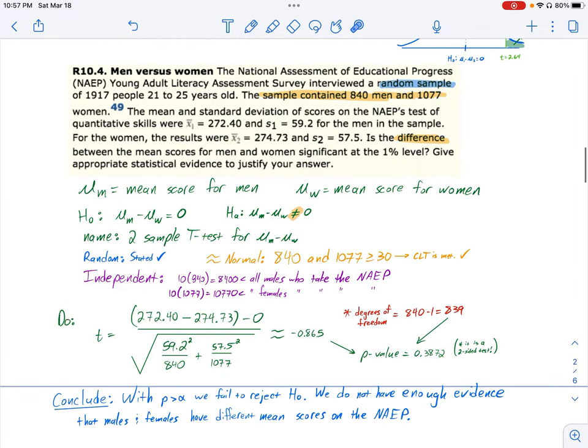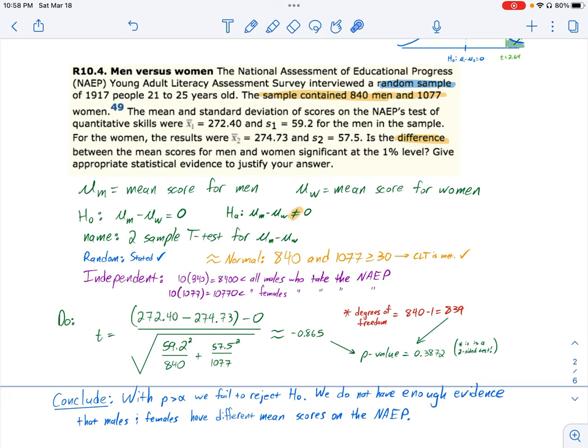Number 4. They are recording the progress of men. Is this men? This is men versus women. That's right. And they each took the NAEP, National Assessment of Educational Progress test. It's a young adult literacy assessment.